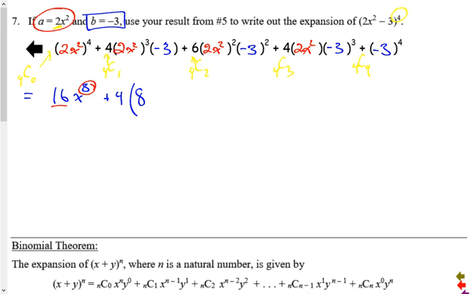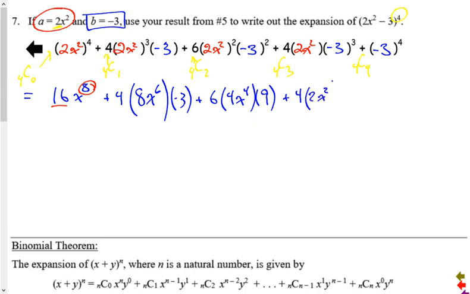X squared cubed is x to the 6th times the negative 3. And then 6. X squared squared will be a 4x to the 4th. Negative 3 squared is 9. And 4 times 2x squared times negative 27 plus 81.